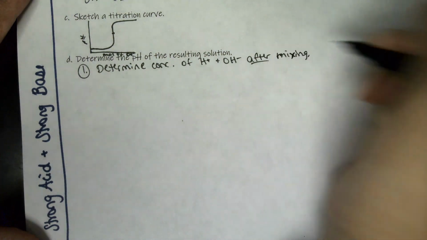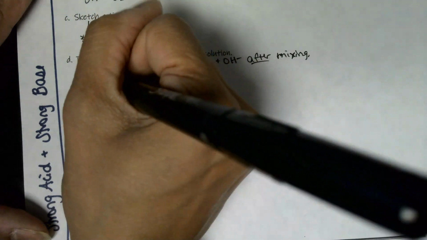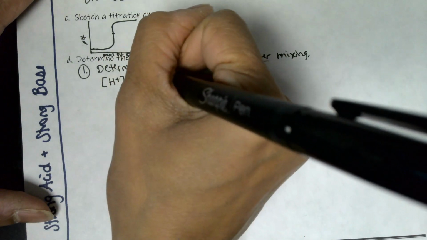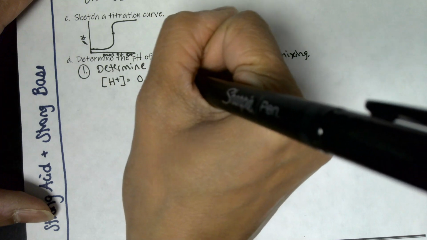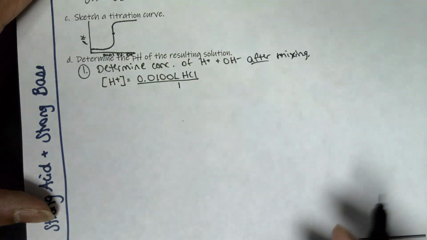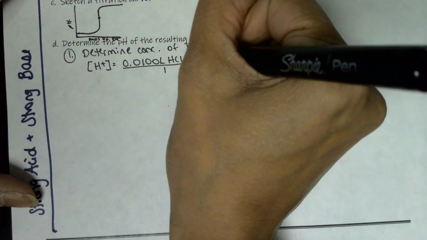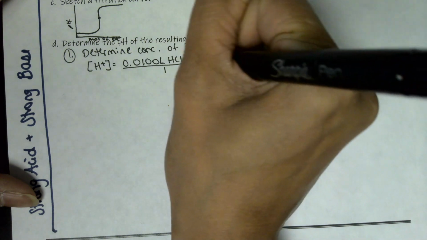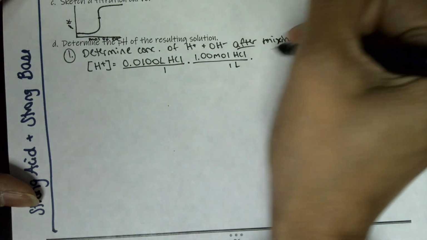Okay, so let's start with our H plus. For H plus, we can say that we have 0.0100 liters of HCl, and I'm just getting this from the data right above, times 1.00 moles of HCl over 1 liter.